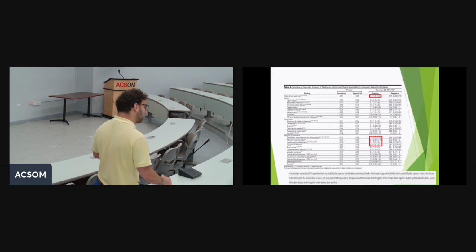Now, remember yesterday we talked about Bloom's taxonomy? This is forcing you up the pyramid, right? Look at the highest positive likelihood ratio is in S3. Can you tell me why an S3 is so good for acute decompensated heart failure?